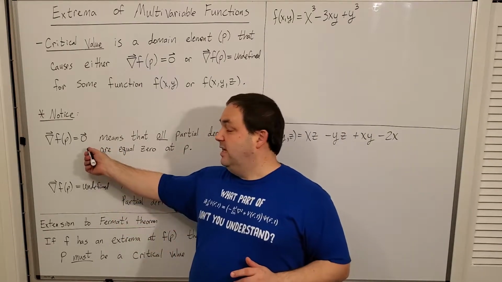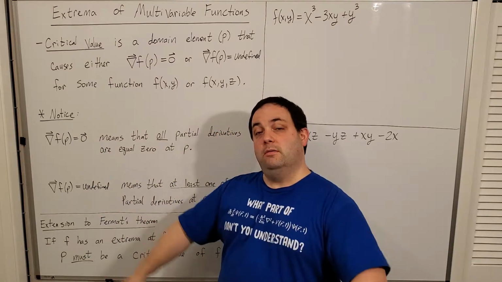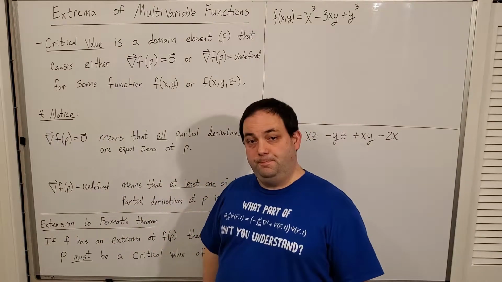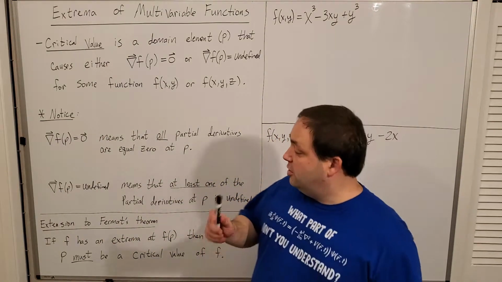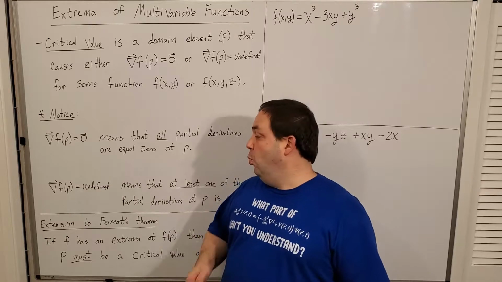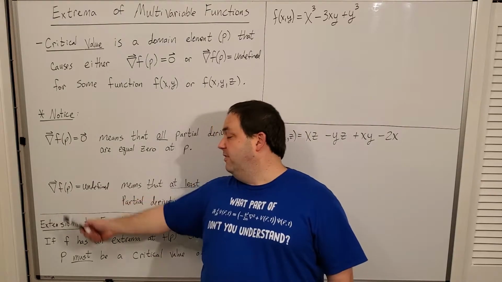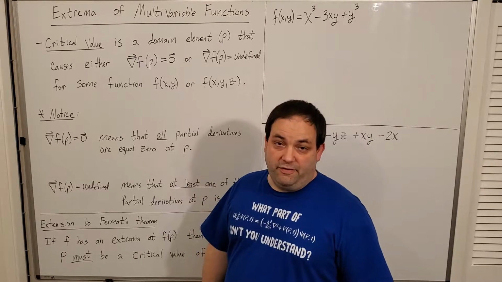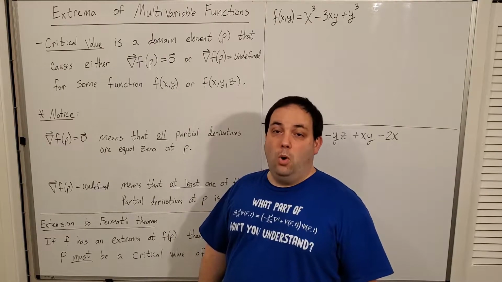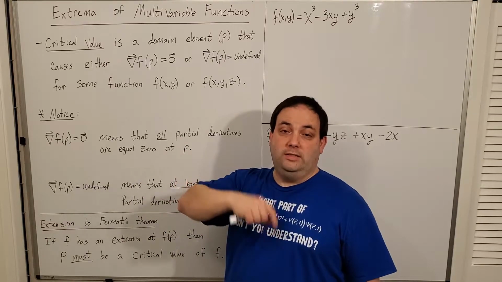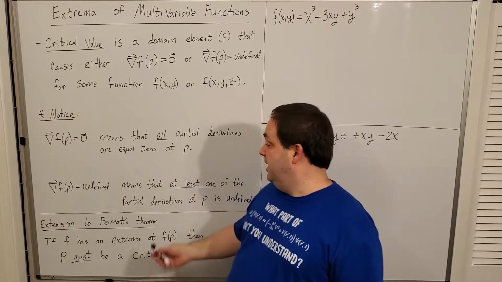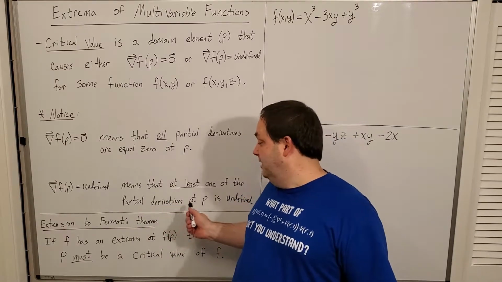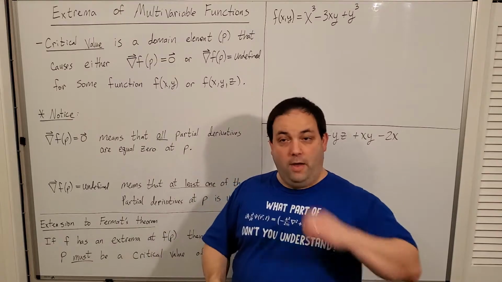Those are the ones that we typically get, the ones where the critical number is giving a gradient equal to the 0 vector. However, we also have the critical points where the gradient of the function can be undefined, and for a gradient to be undefined, you only need one of its components to be undefined, which means at least one of the partial derivatives at the point in question is undefined, okay?